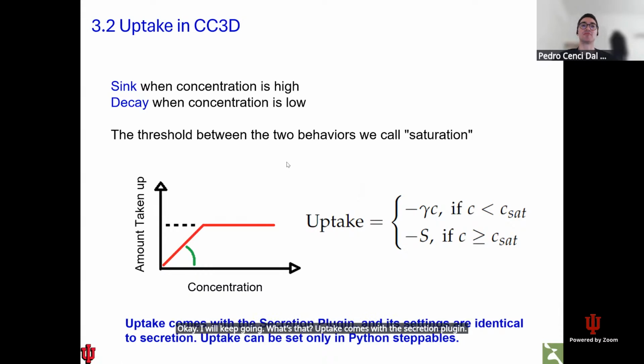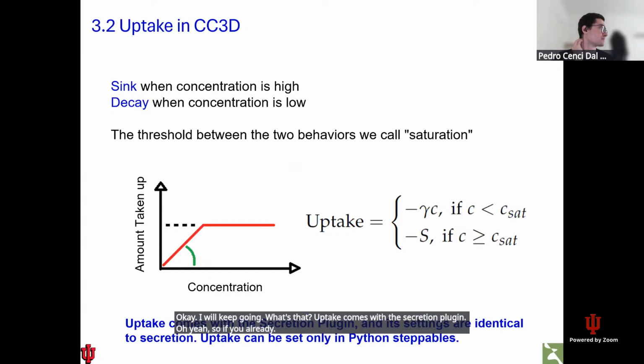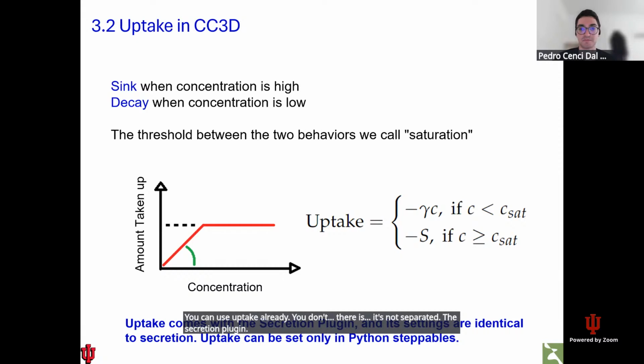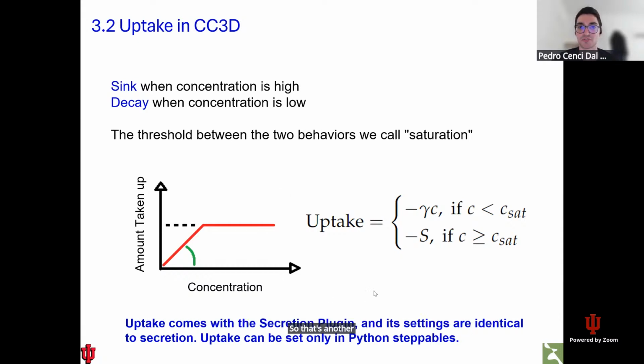So if you already have the secretion plugin from the wizard or from the XML snippet, you can use uptake already. It's not separated. The secretion plugin envelops both secretion and uptake. And uptake can only be set in Python steppables. It cannot be set in the XML.